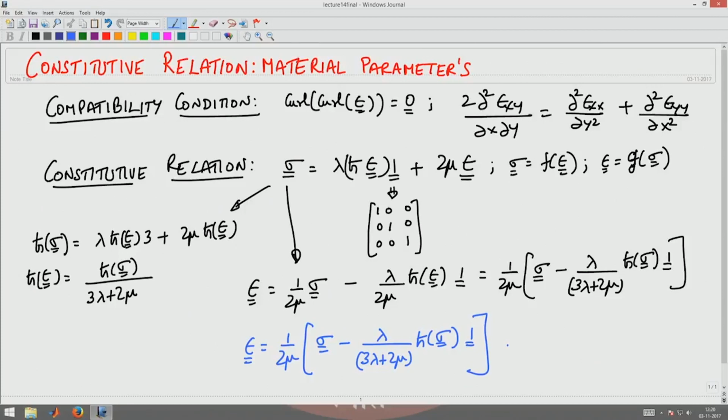Now, we have to devise experiments or techniques to find these material parameters lambda and mu, where lambda and mu are called the Lamé constants. It turns out that it is difficult to find these Lamé constants directly from an experiment.